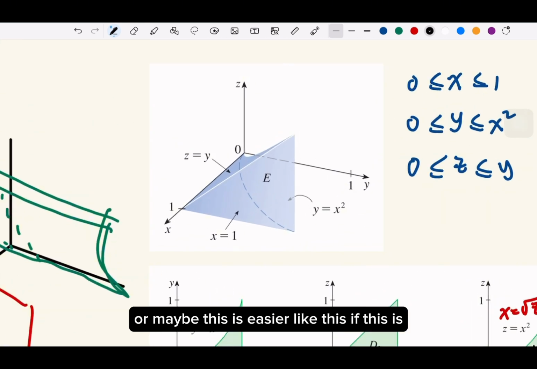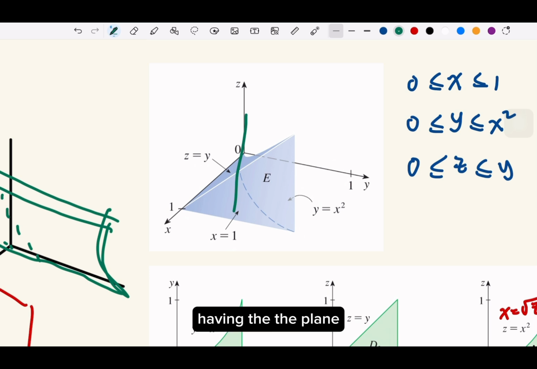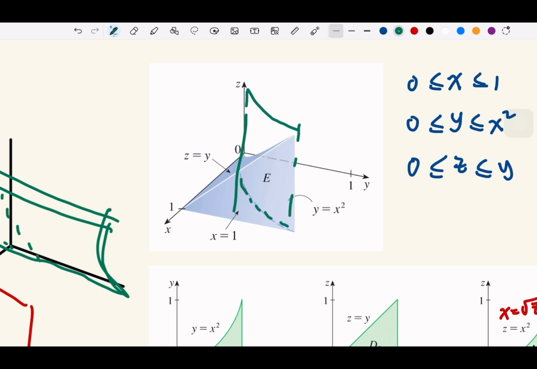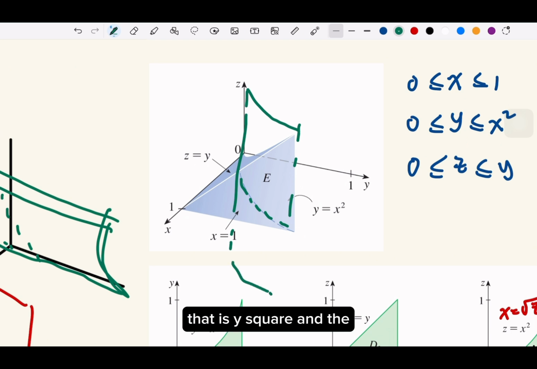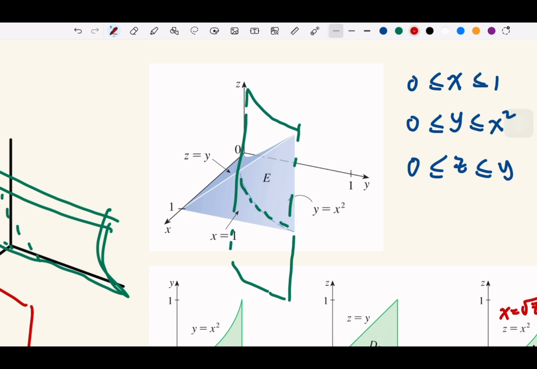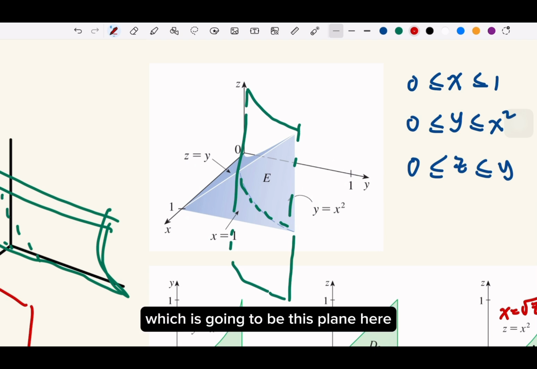Or maybe this is easier like this. If this is the plane y equals x squared, and the other plane is y equals z, which is going to be this plane here.